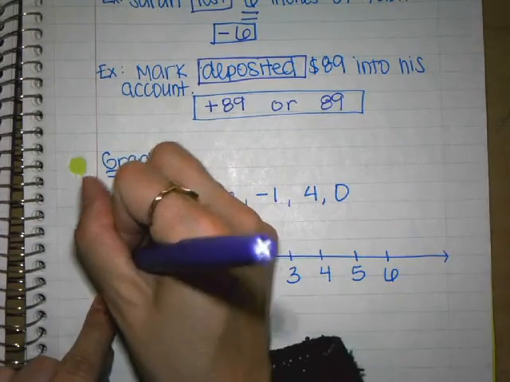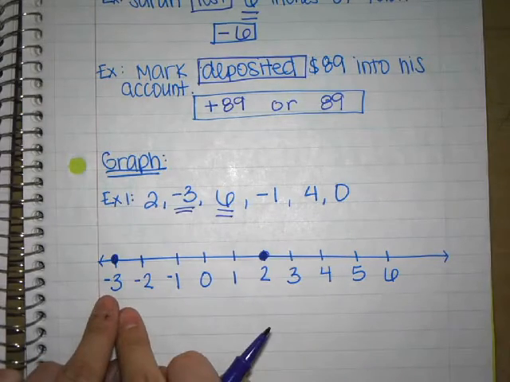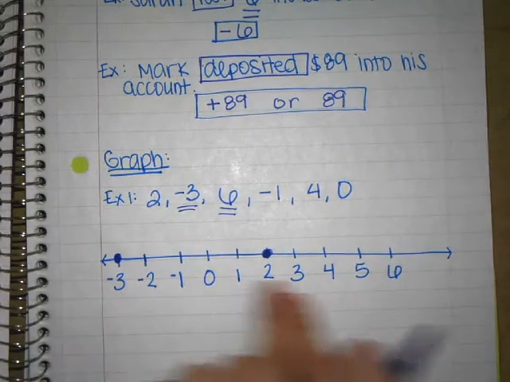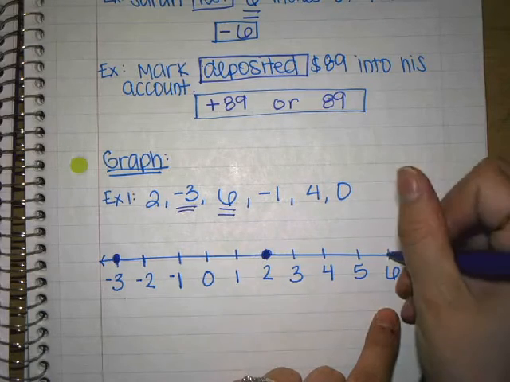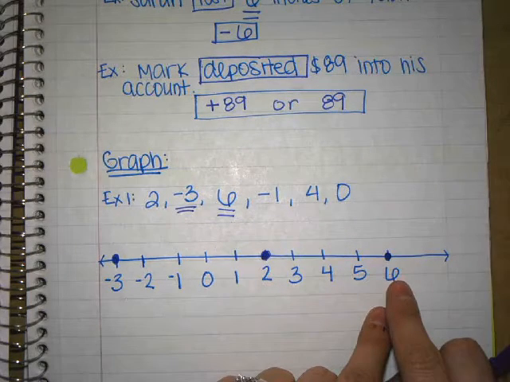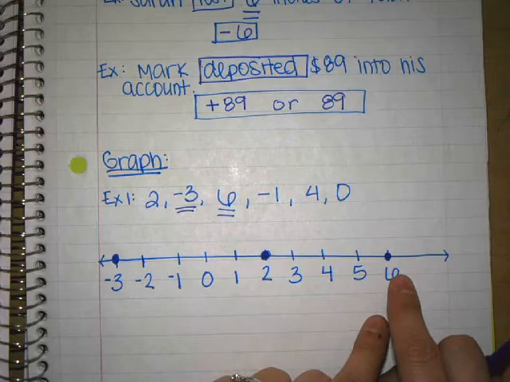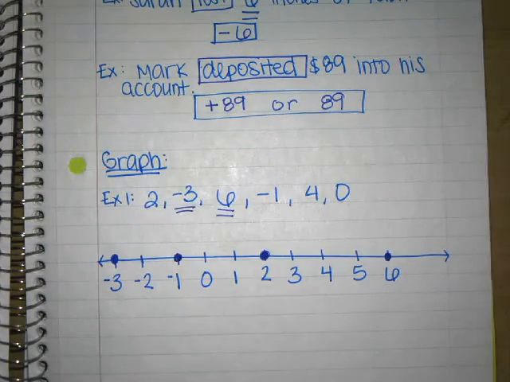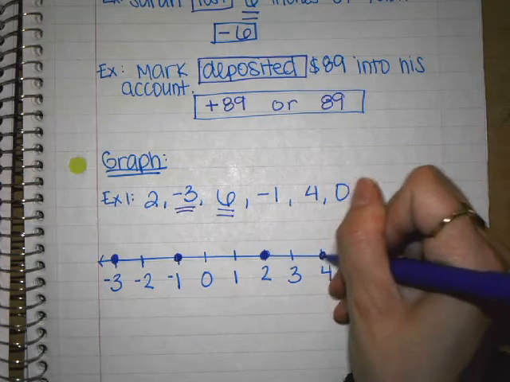I want to put a dot on -3. Where's the next one? The next one? After negative 1? What's the last one?